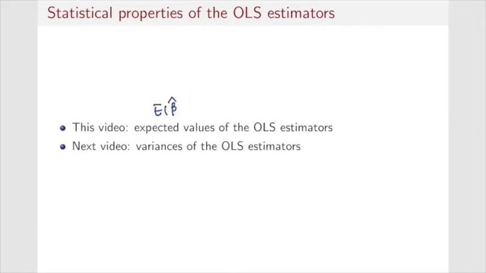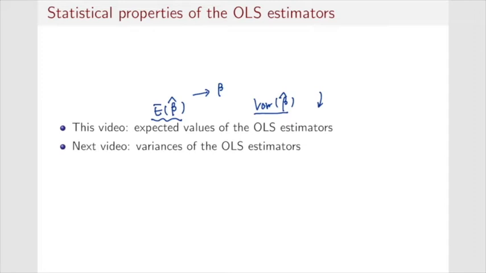If you think about it, what kind of expected values and variances of the OLS estimators are ideal? For the expected values, we would want them to be as close to the true parameter beta as possible, and for the variance, we would want it to be as small as possible.